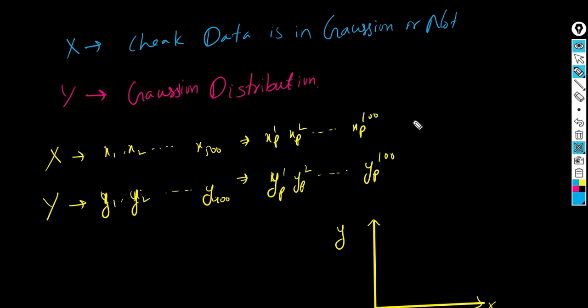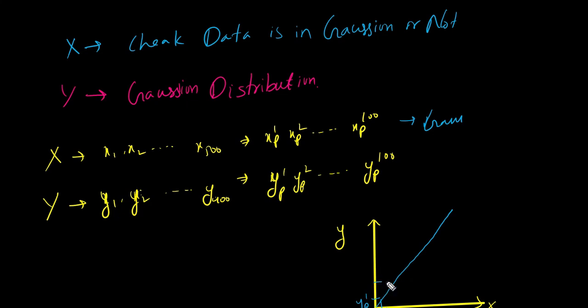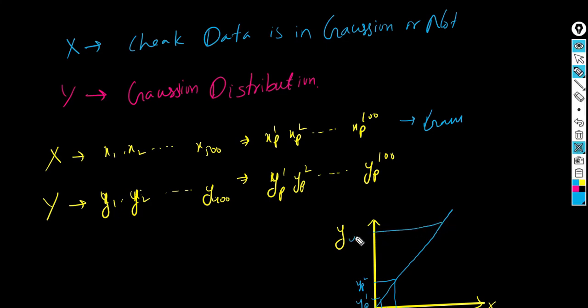If X and Y are in the same distribution, suppose X is also in a Gaussian distribution, then we will get a straight line here. We plot XP1 against YP1, XP2 against YP2, up to XP100 and YP100.